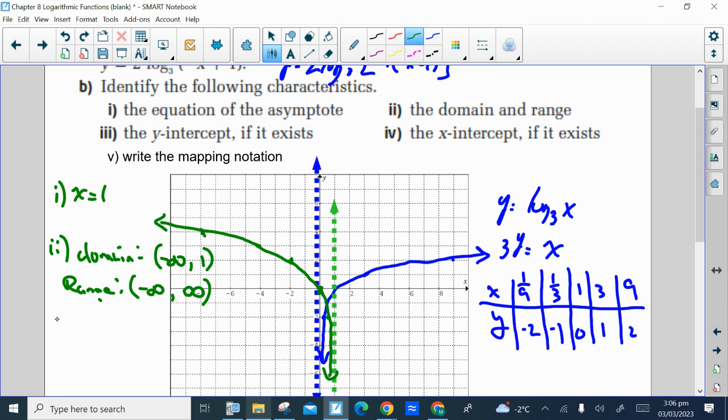And as we've said, both the y and the x-intercepts are the point 0, comma 0. X and y intercept at 0, comma 0.